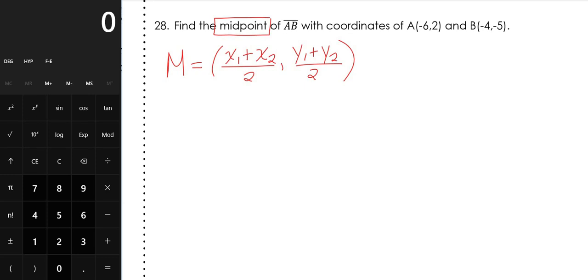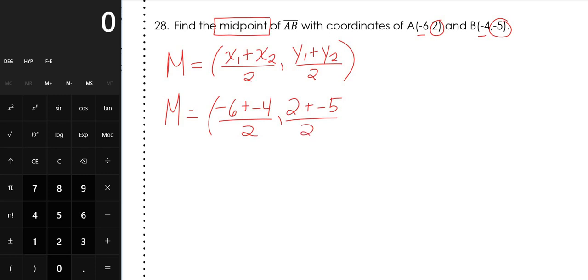Now let's plug in. Our x values are -6 and -4, so -6 plus -4 divided by 2. Our y values are 2 and -5, so 2 plus -5 all over 2.